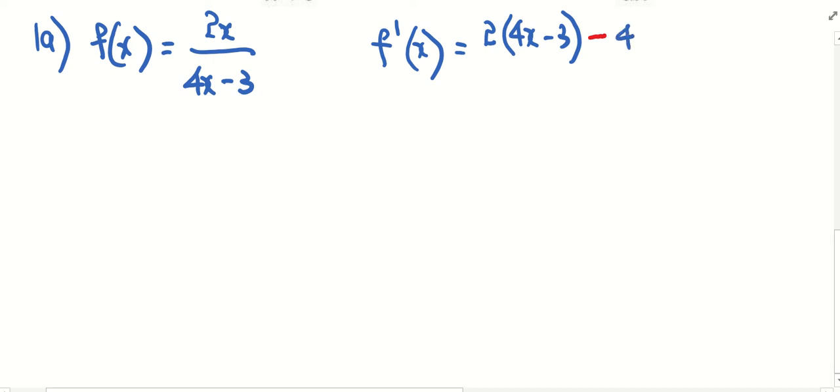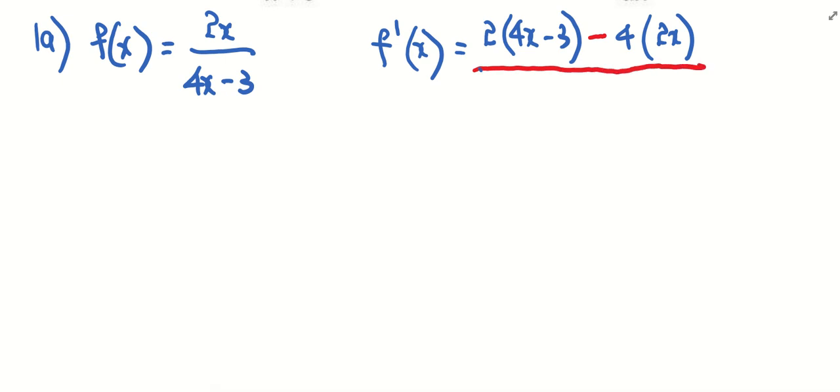After that, what do we do? Keep the top. Write a very long fraction line. Over the what? Bottom square. And the only thing we need to do is to simplify the numerator.